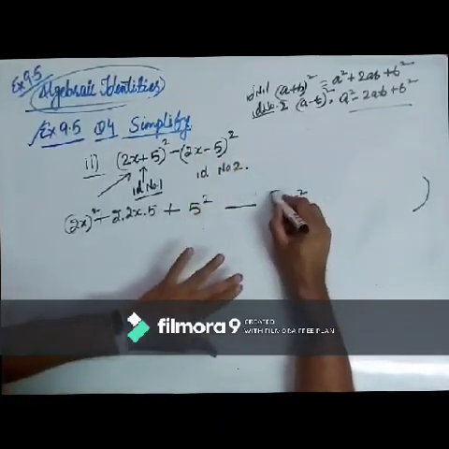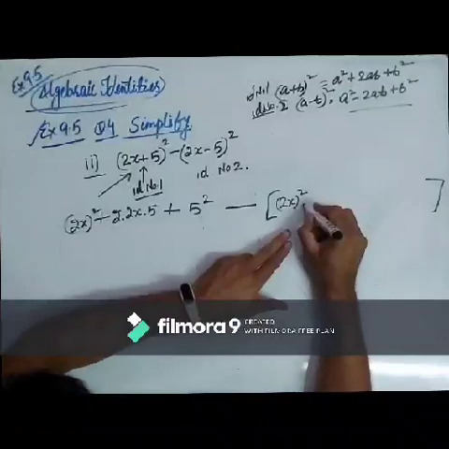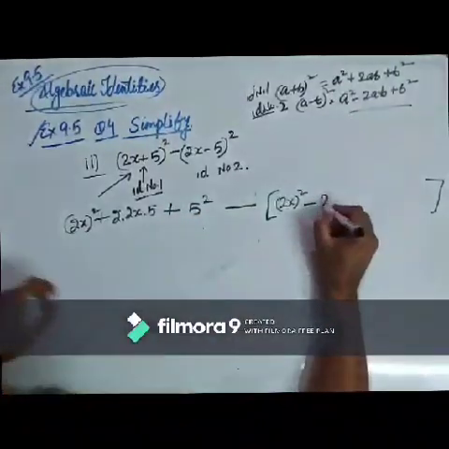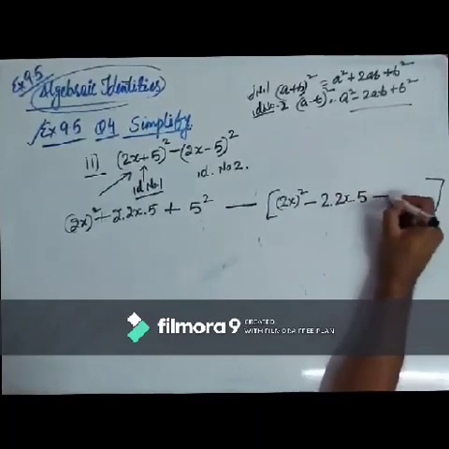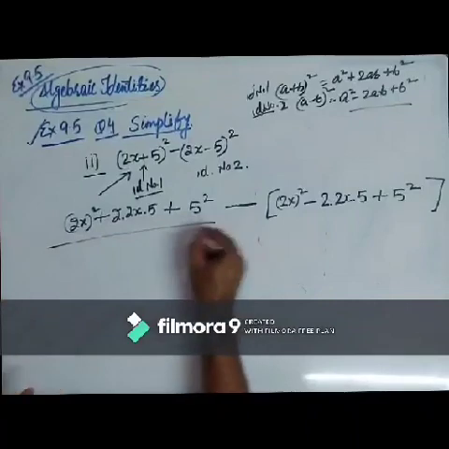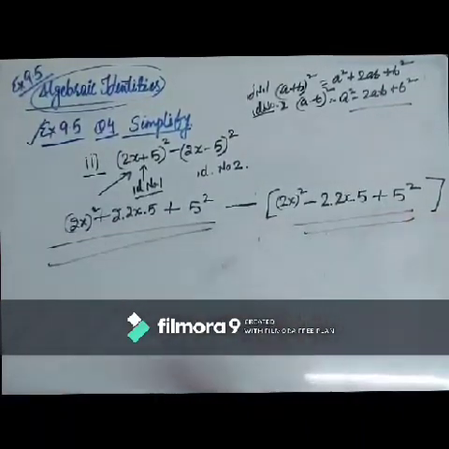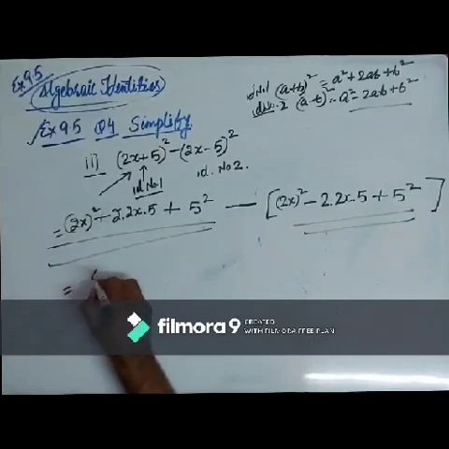So change this into the larger bracket, minus sign 2 into 2x into 5, and then plus sign 5 square. So these two are identity number 1 and identity number 2. That's all, simple.